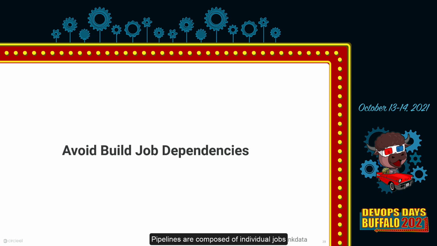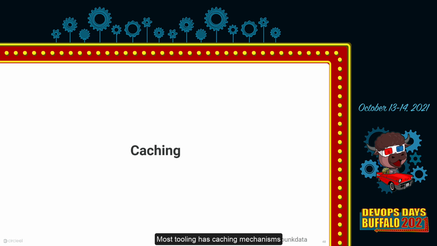Pipelines are composed of individual jobs that define execution commands. These jobs may or may not have dependencies that are essentially blockers. I suggest eliminating these dependencies from the build jobs, if at all possible. Most tooling has caching mechanisms, and they should be used wherever appropriate.